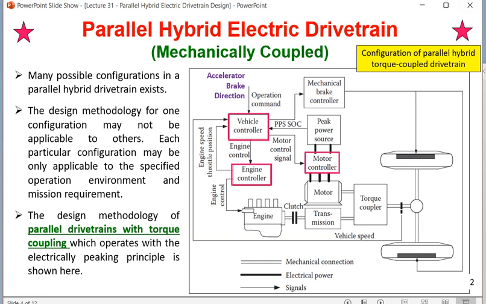And there are 2 things the engine can do together. It can generate 100% energy: 80% may be used to drive the vehicle, and 20% may be used to charge the peak power source. Most of the time, during control of the whole drivetrain, one major aspect is to keep the peak power source charged as much as possible.